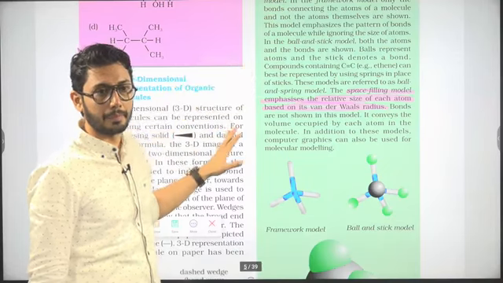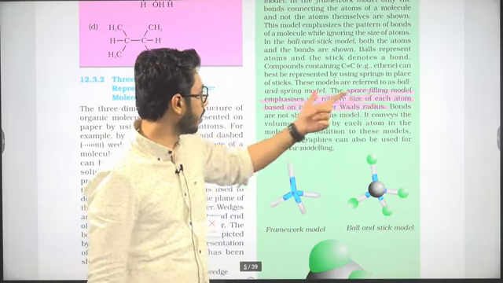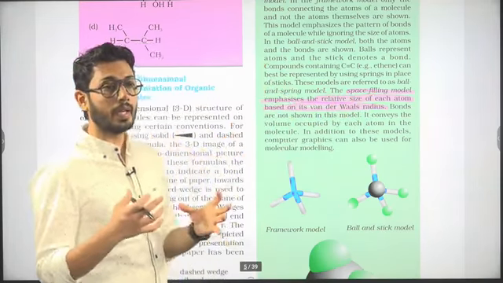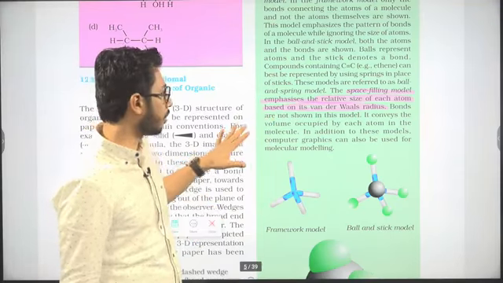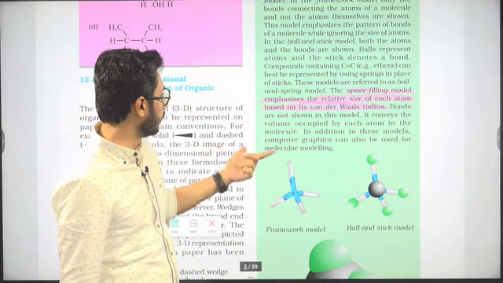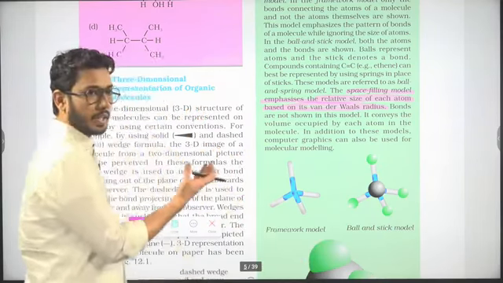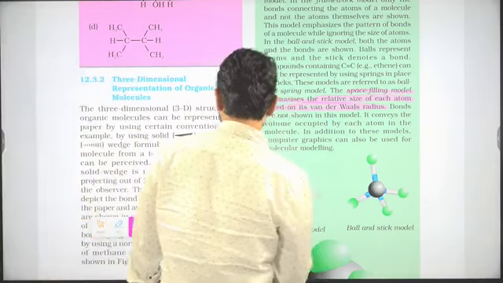That is our habit. Okay, so the space filling model emphasizes the relative size of each atom depending upon their van der Waals radius. Bonds separately we are not going to show. Okay, so this is the general representation of the structure, practically.